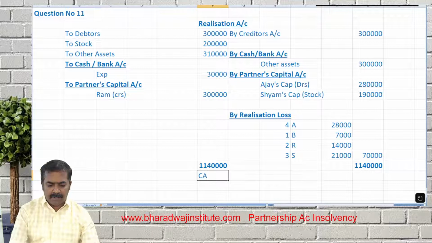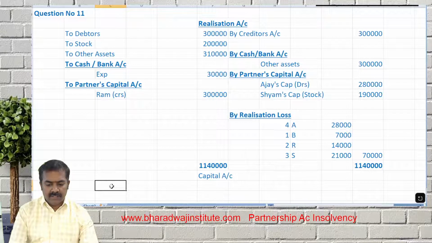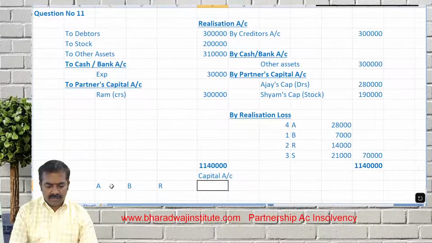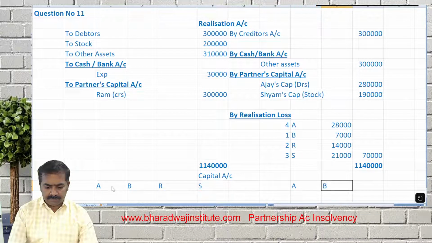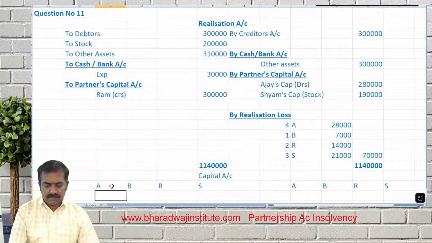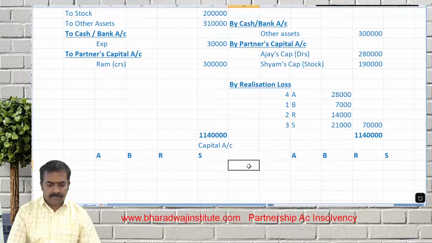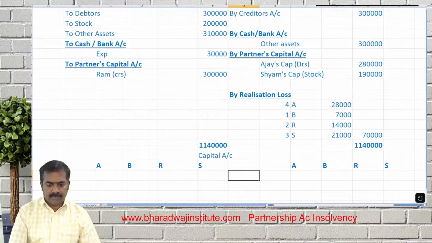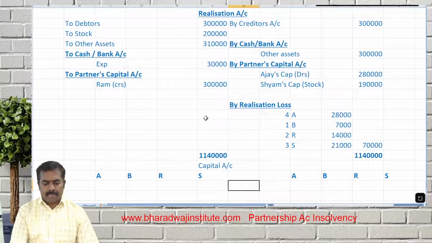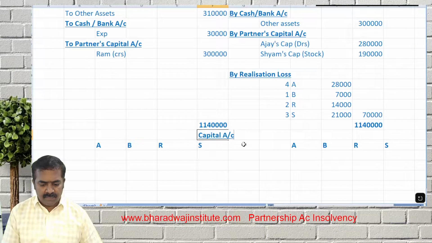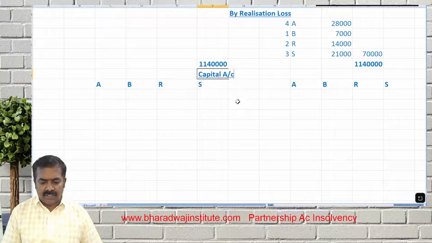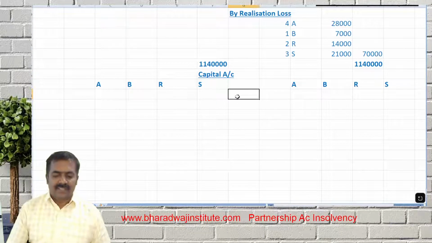Next, prepare capital account. Who are the partners? A, B, or yes. Shall we? Yeah. Tell me the answer.